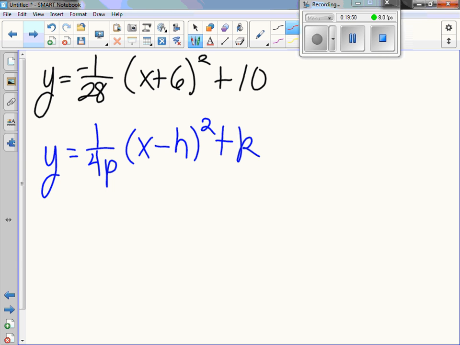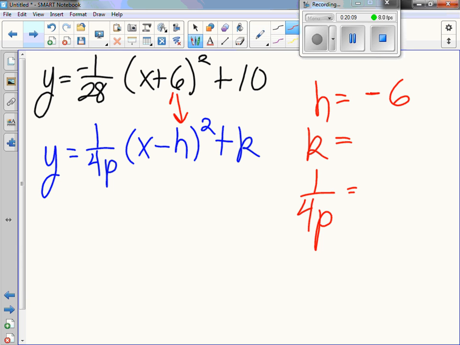Well, we can just skip, because at this point we can identify h, k, and 1 over 4p, yes? So looking at this here, what is the value of h? It's -6 because it's coming from inside the parentheses, and since it's positive inside the parentheses, it comes out as negative. The value of k is just going to be 10.